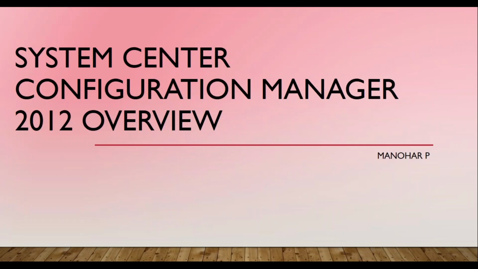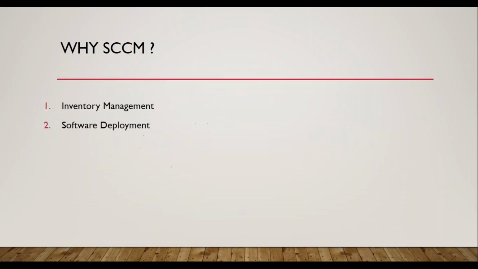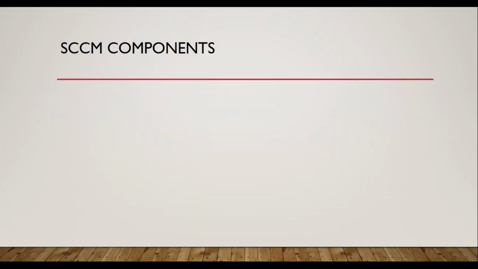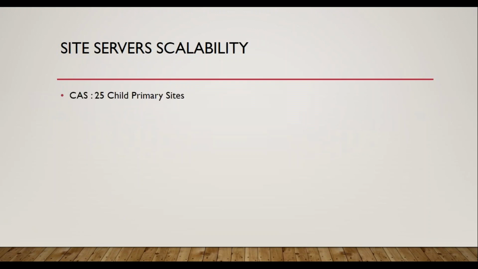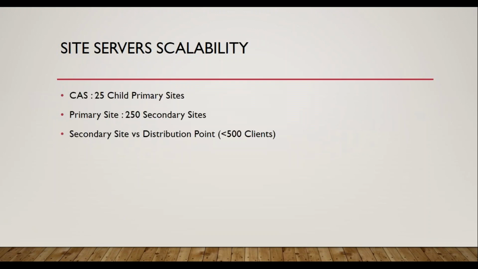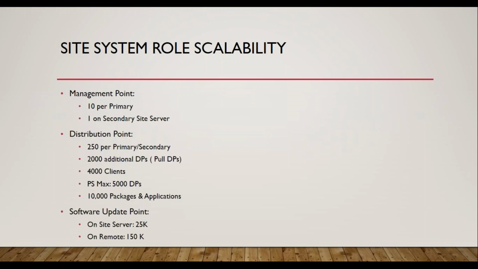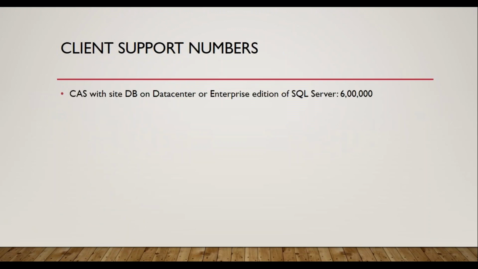Okay. So here in this PPT, if you go to the last session, in the scalability section, I think somewhere I've discussed the database part as well. If you have a CAS, central administrative site, with site DB on the data center or enterprise edition, you can support up to 6 lakh clients.